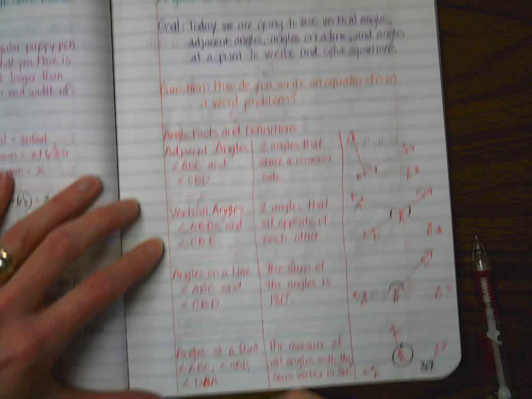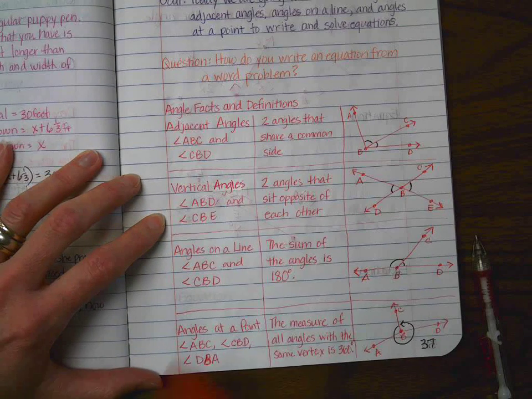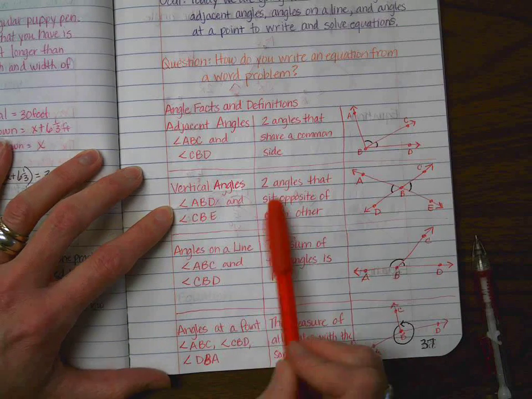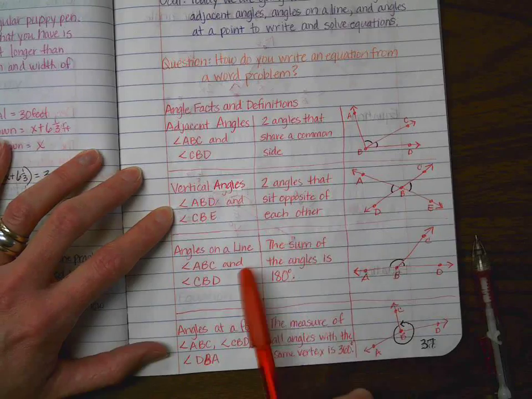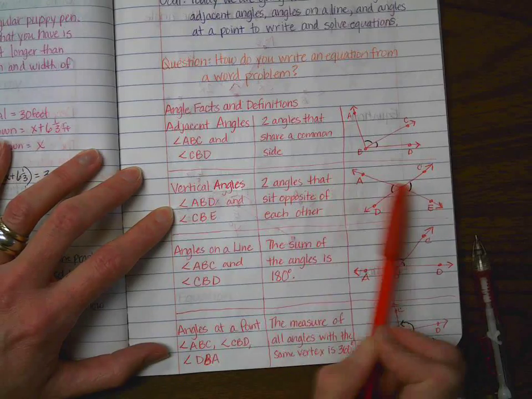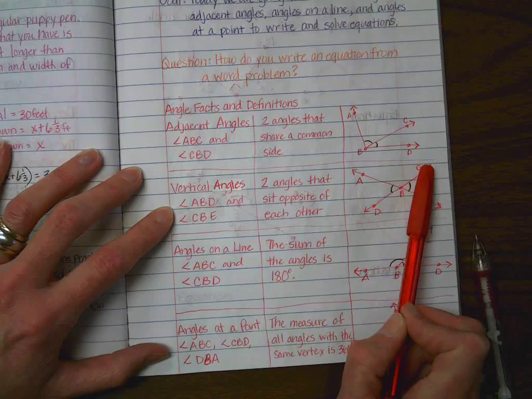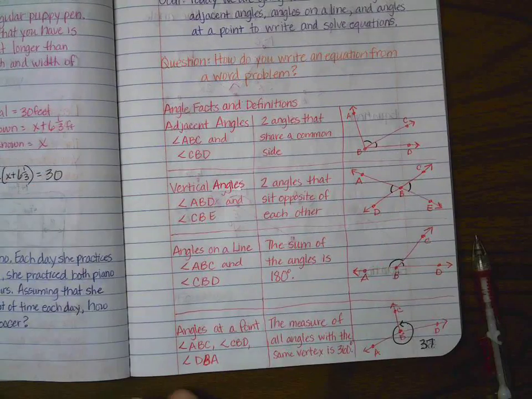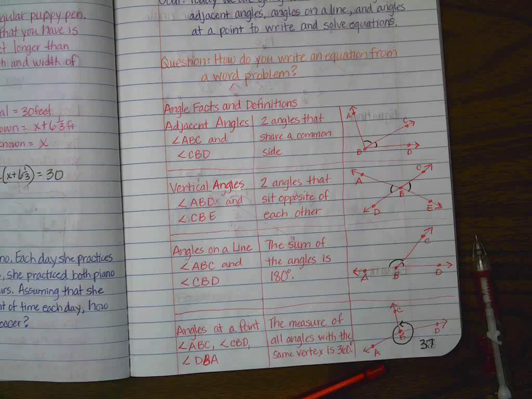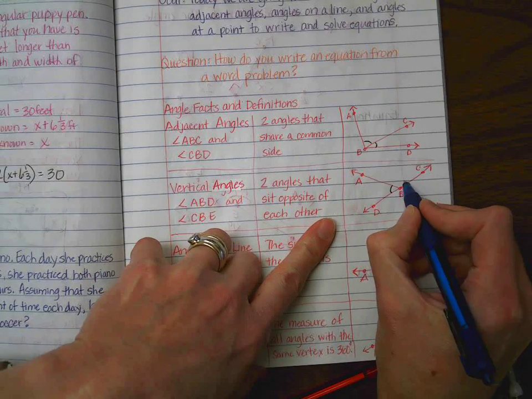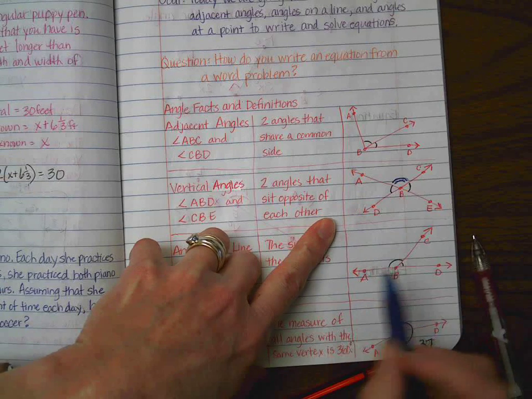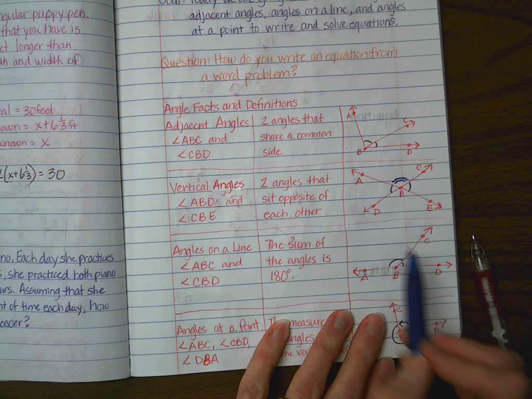Okay? Good. Next one is vertical angles. Vertical angles are two angles that sit opposite of each other. If we look at it, we have angle ABC. C is opposite of, what do you think? Let me say that one again. Angle ABC, so we're actually talking about this one right here, is opposite what?